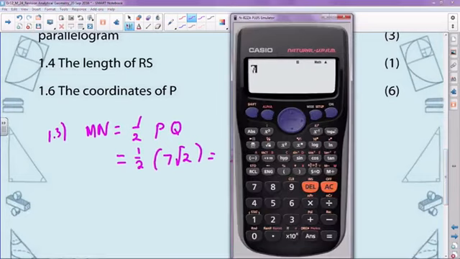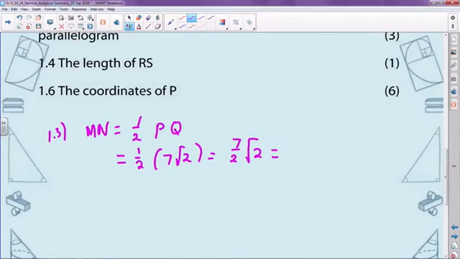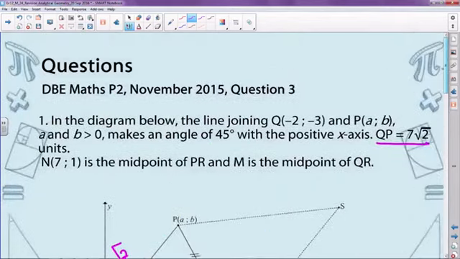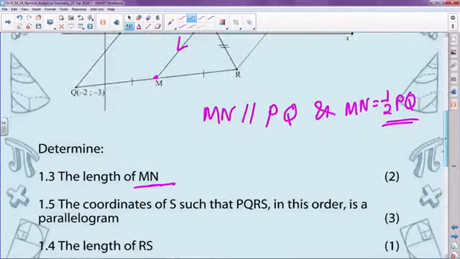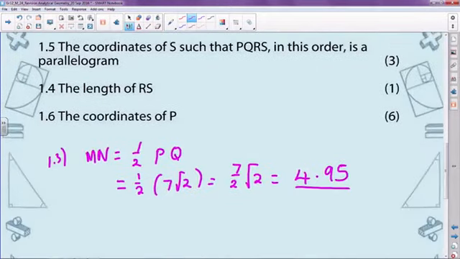So it's 7 square root 2 divided by 2, and that gives us 4,95. I'm just going to round that off to 2 decimal places, so it's 4,95 units. I don't think they said whether that was centimeters. No, they just said units. Okay, so we'll leave that as units.